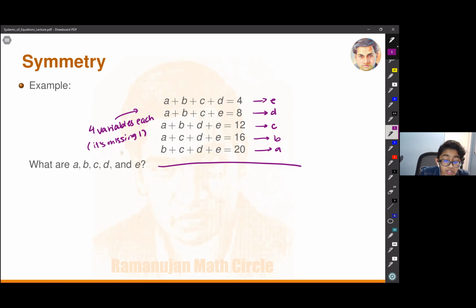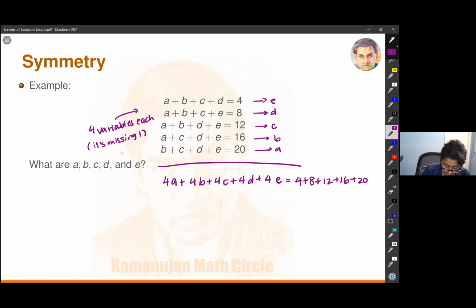So when we add this up, we get 4a plus 4b plus 4c plus 4d plus 4e is equal to 4 plus 8 plus 12 plus 16 plus 20.